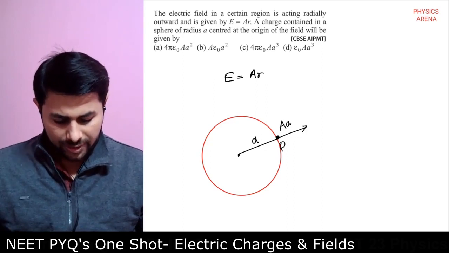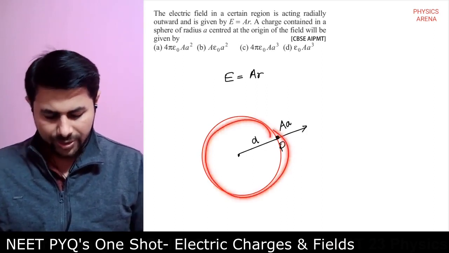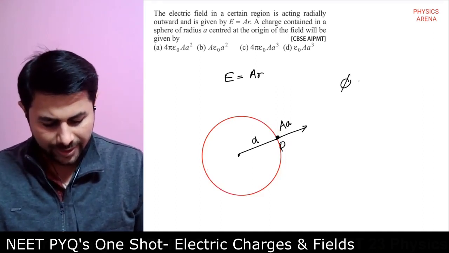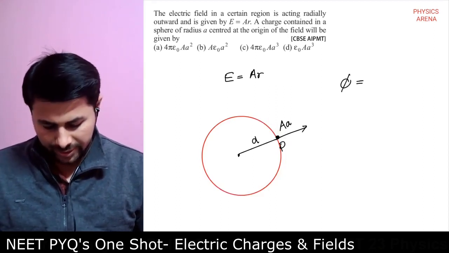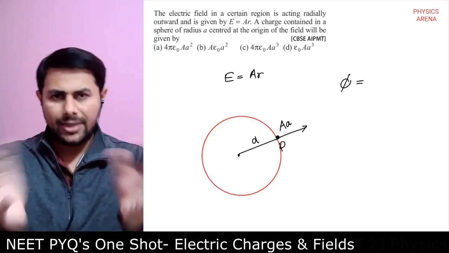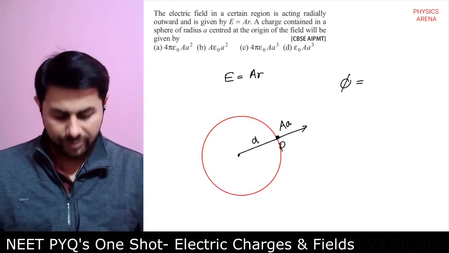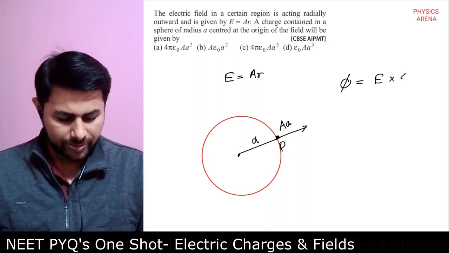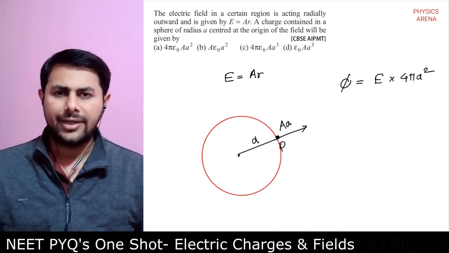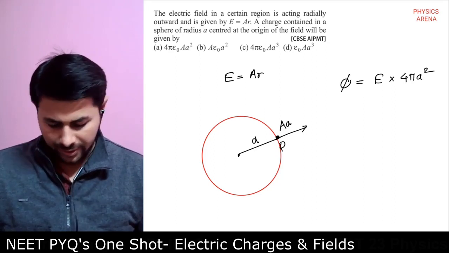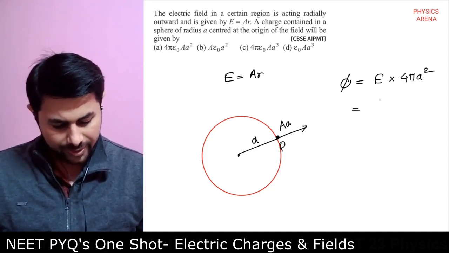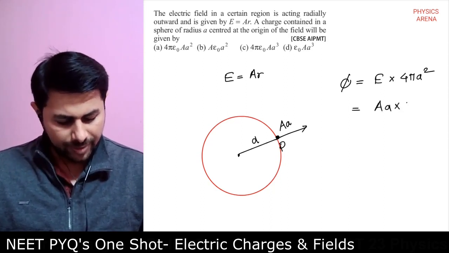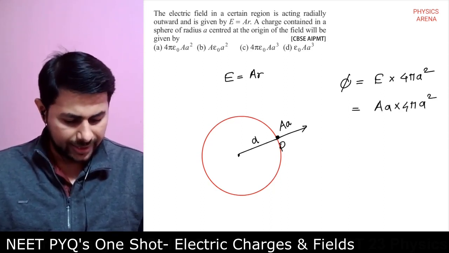Then how much would be the flux due to this electric field? Flux phi is equal to the electric field multiplied by the area of the sphere, which is 4 pi a square, right? So we can substitute that. The electric field is A multiplied by small a, multiplied by 4 pi a square.